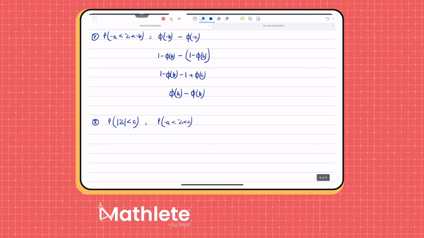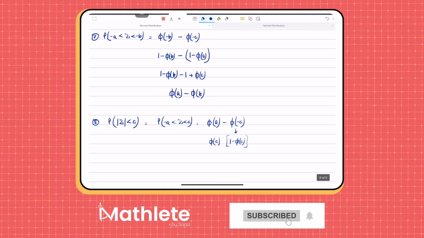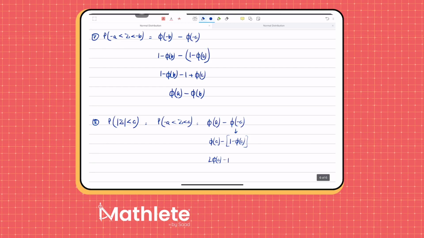To find that, we do phi of a minus phi of minus a, and we further open phi of minus a and write it as 1 minus phi of a. So phi of a minus 1 minus phi of a eventually becomes 2 phi of a minus 1.